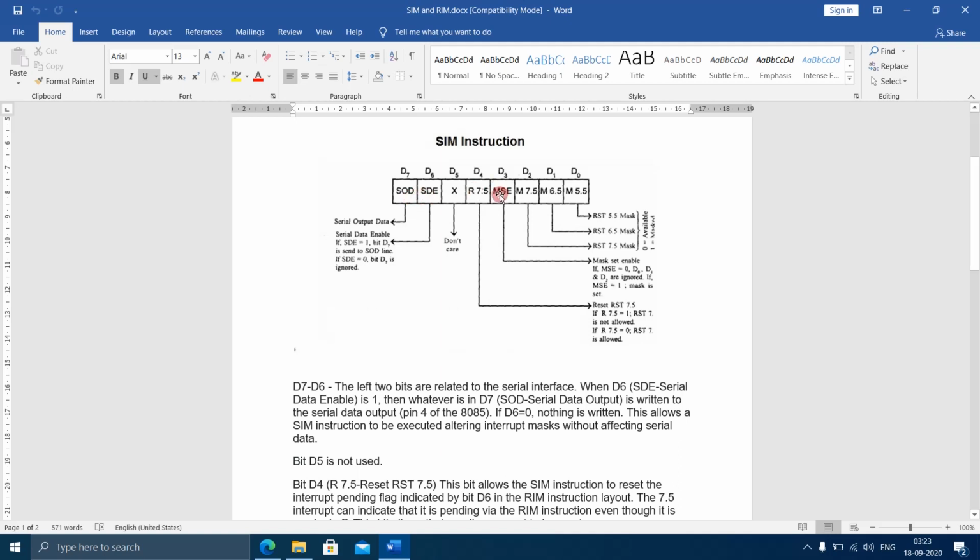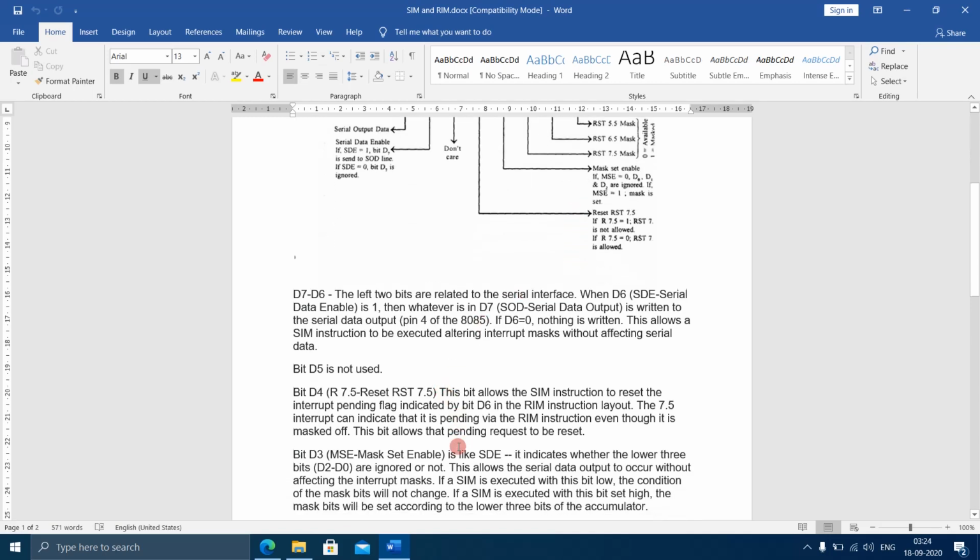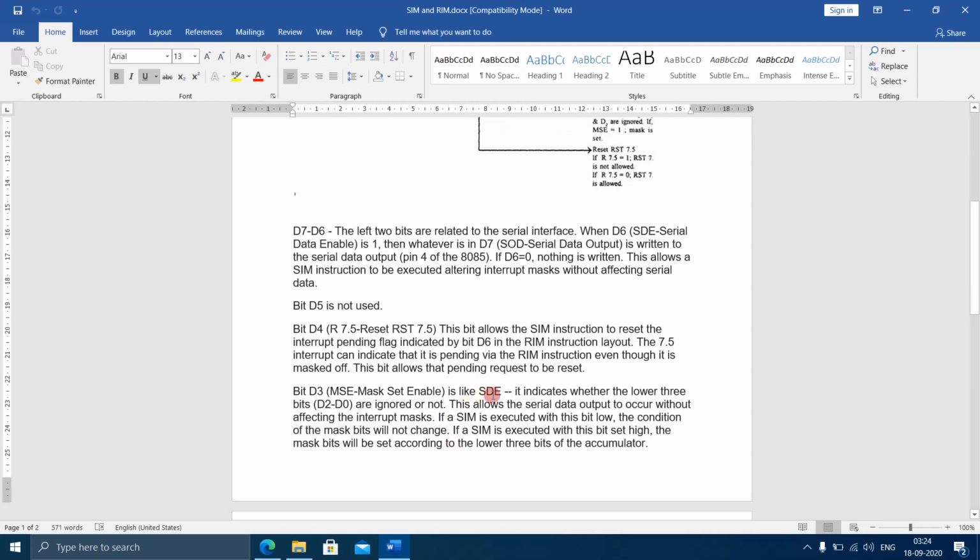So this MSE is somewhat related to SDE. When SDE is 1, then SOD is sent as an output. When MSE is 1, these three bits have some meaning. When it is 0, these bits have no meaning. That's why it is written that it is like SDE.